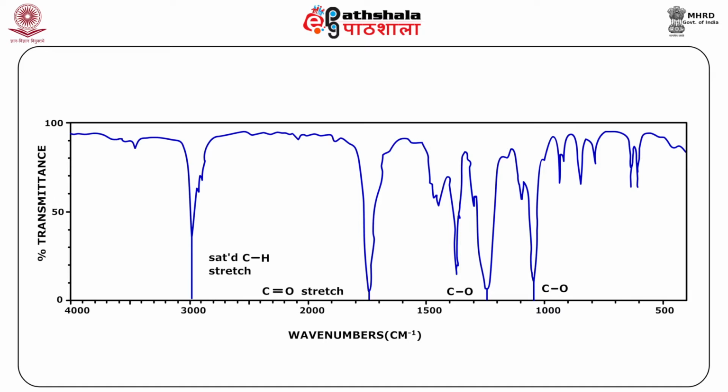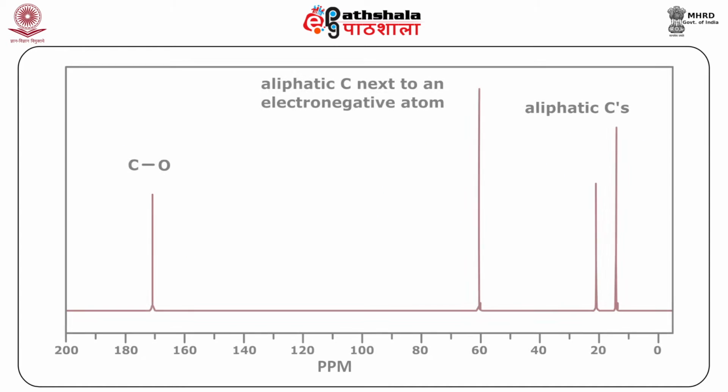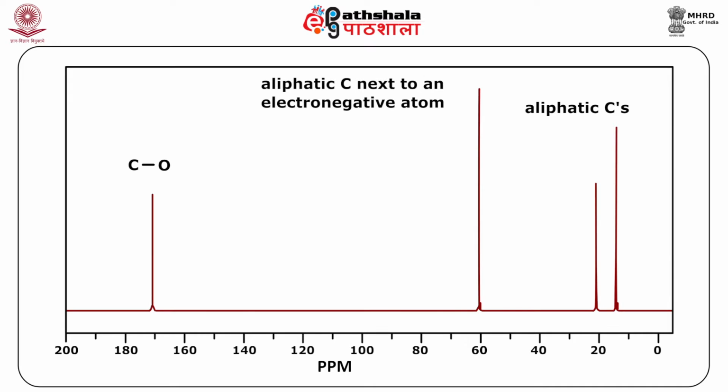You can notice there is a CO stretch, there is a saturated CH stretch, there is a carbonyl band, and also you are provided with this 13C spectra where you are getting these peaks for aliphatic carbon next to some electronegative atom that you can see, and the carbonyl carbon at these specific positions.